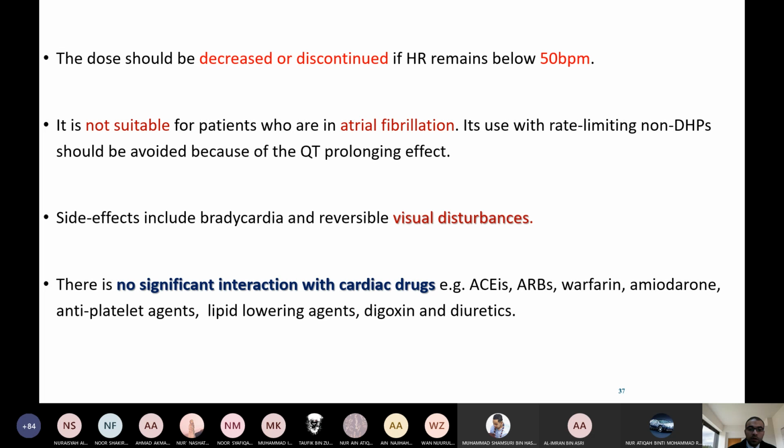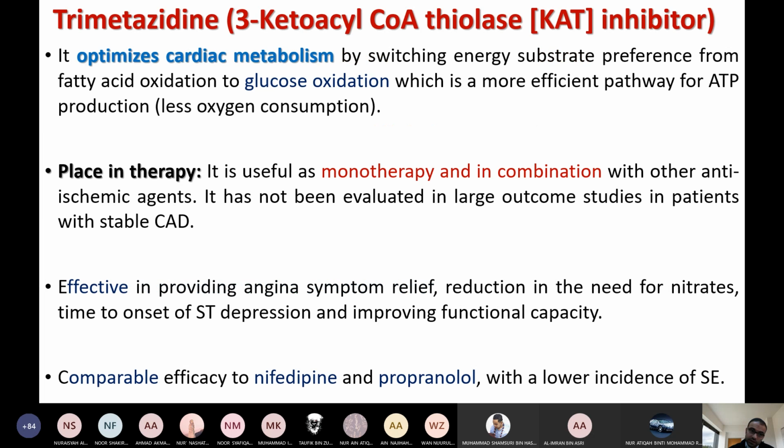There is no significant interaction with other cardiac medication, which is very good, especially as all of you know that many of the common medications used for cardiac patients have incidence of interaction. So this should be an advantage.